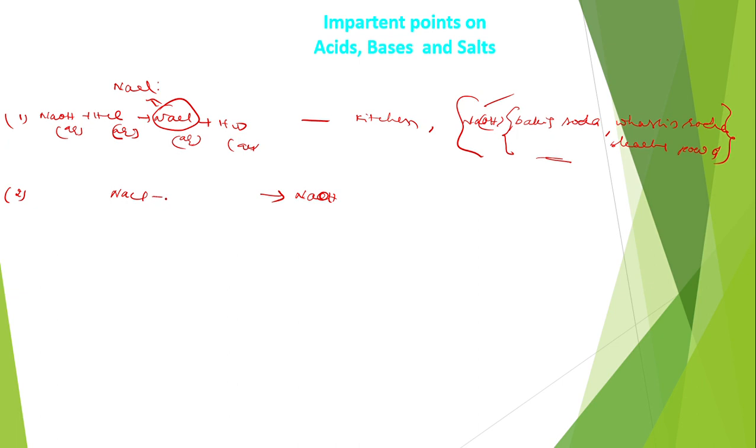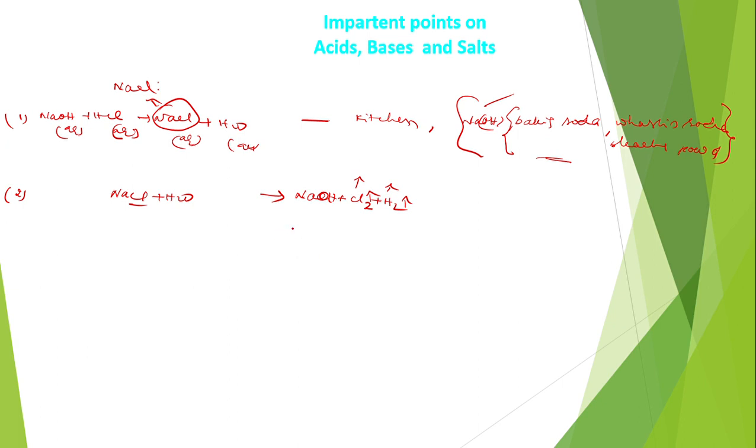NaCl plus H2O. So we got chlorine, that means liberation of chlorine plus liberation of hydrogen. See, these are all again important. So chlorine is used for disinfection. This is used for fuel.